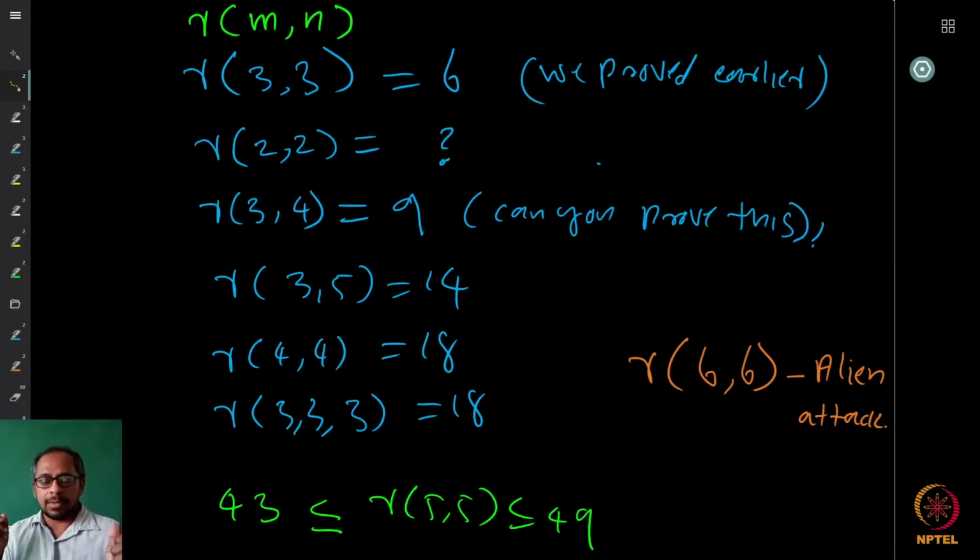You can just destroy a planet with some weapon. So they are so powerful that they have such weapons, and they come here, and then they tell us that, well, we will let you live if you tell us the value of R55.